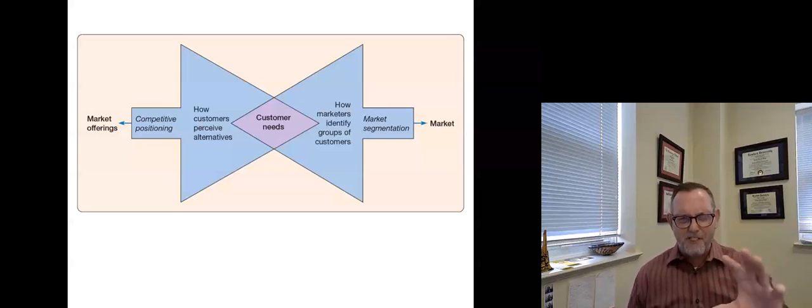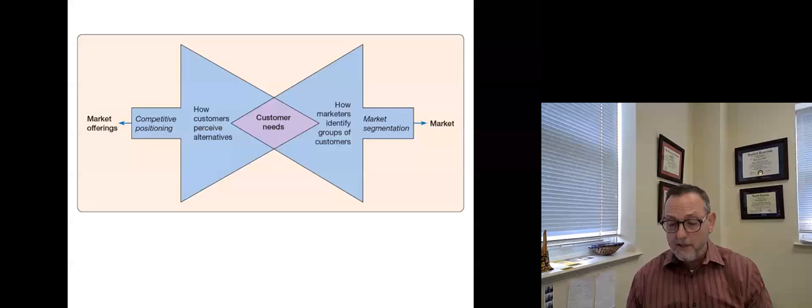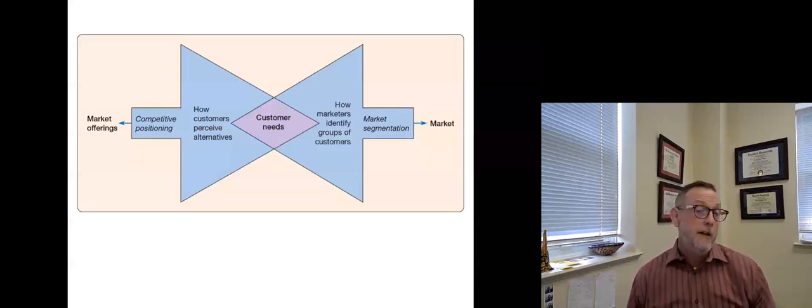You'll recall this image looks kind of like what our exchange theory map looked like, where we had firms on one side and customers on the other, and they met together in the middle to form an exchange in a marketplace. The same idea flows from that.